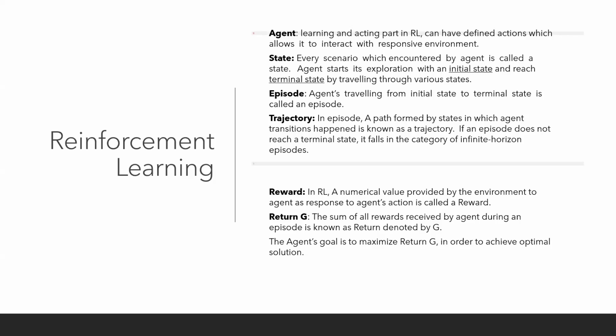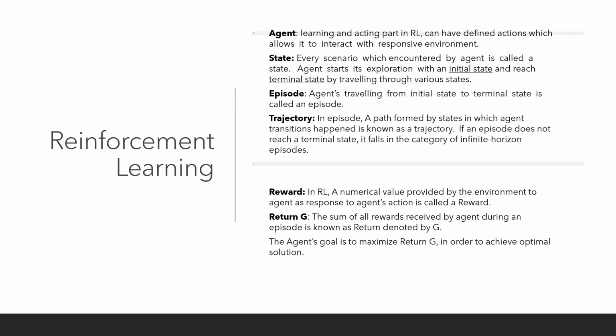In every other paradigm in machine learning, supervised or unsupervised learning, we have the epoch, which is the iteration over the same data. That's the closest term in reinforcement learning when we interact with the environment.